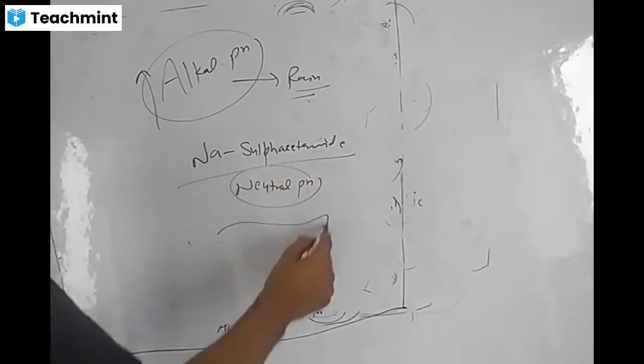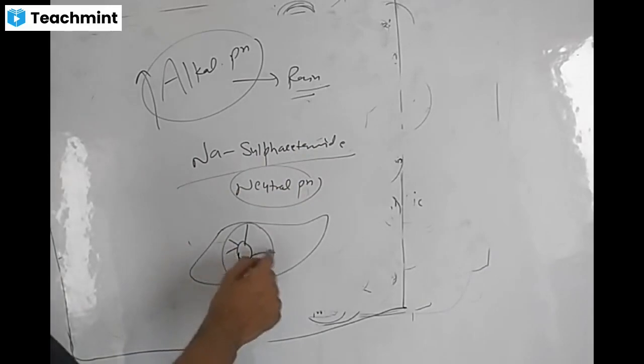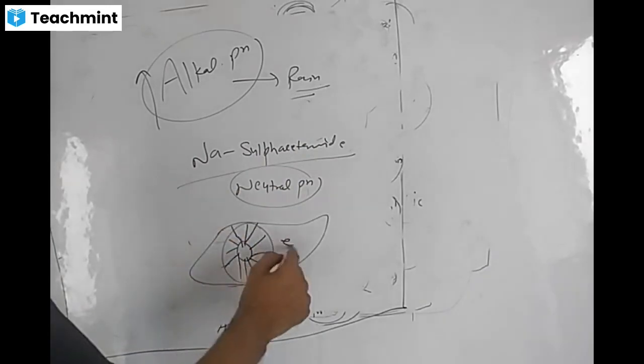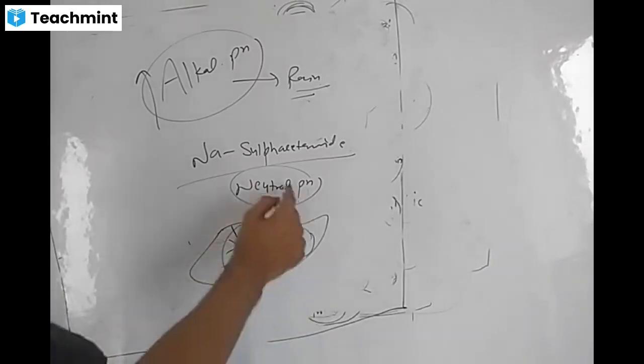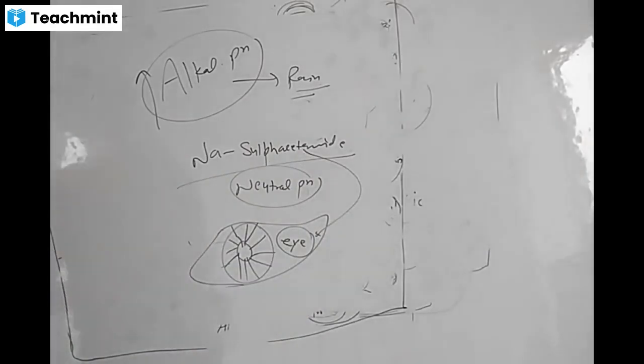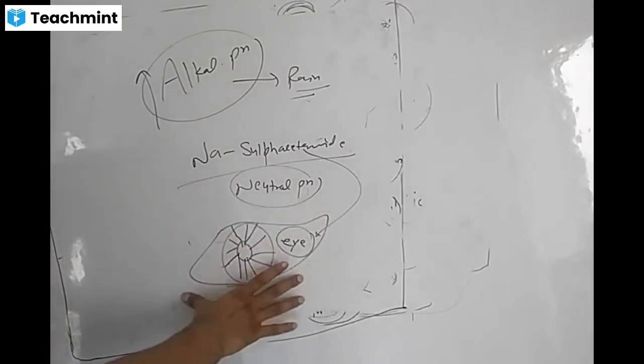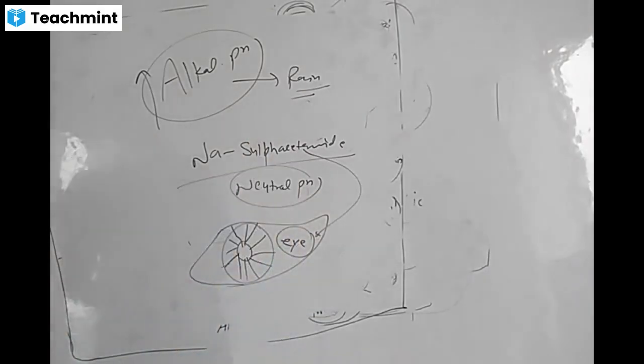So the pH is neutral, so we can put this drug into the eye. Eye drops are available of this molecule in the market, sodium sulfacetamide. Because of neutral pH, it does not cause any harm to the eye. We can use it for the eye.